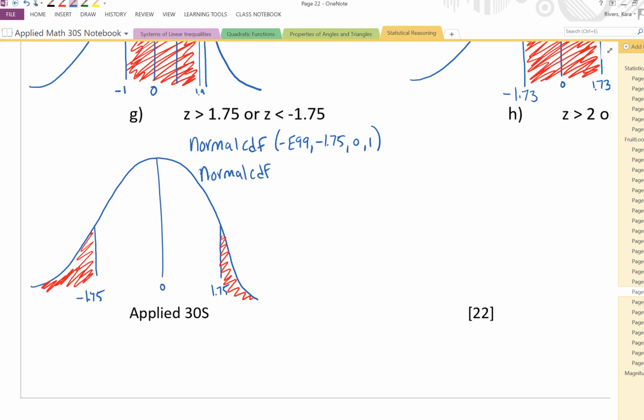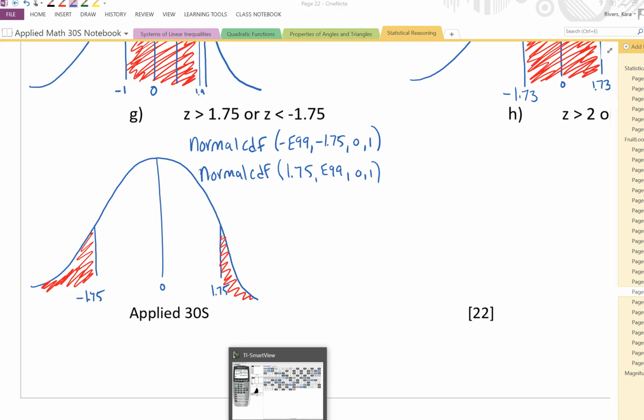And this time it would be from 1.75 to E99, 0, 1. And then we would take our two answers and add them together because we're finding the area of each side separately. Now the nice thing in this case, 1.75 and negative 1.75, those two values should be equal. So if you figure out 1, you can multiply it by 2, right?